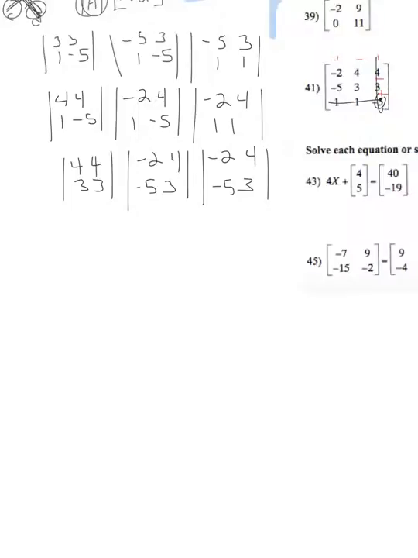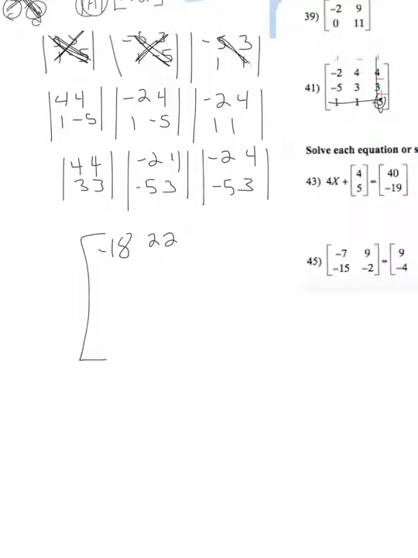Okay, let's see what we've got here. All right, here I've got negative 15 minus 3, negative 18. Here I've got 25 minus 3, so 22.